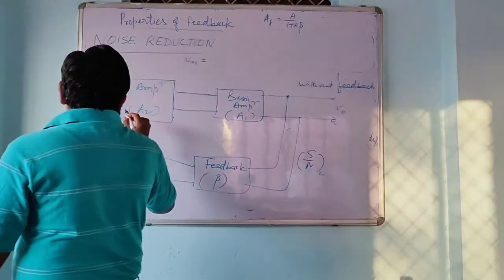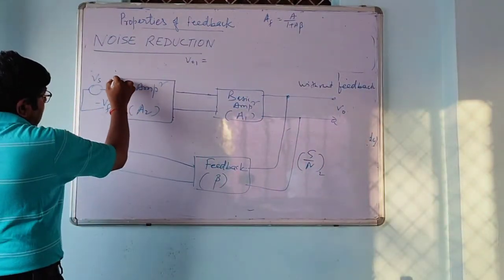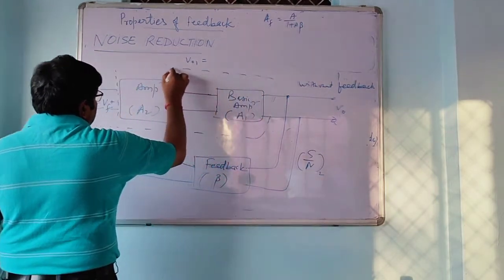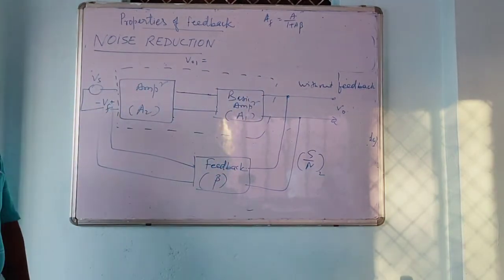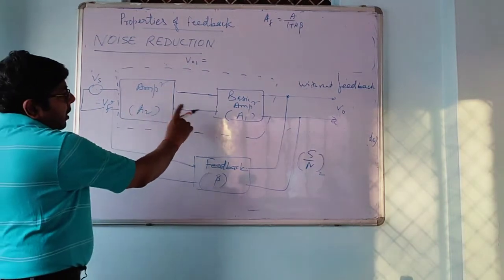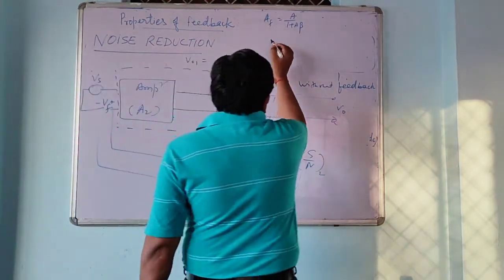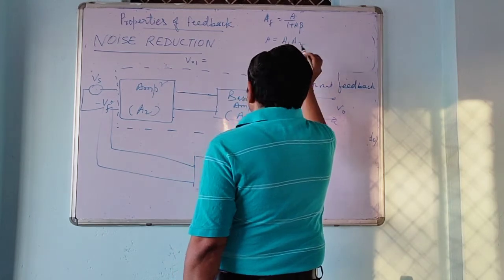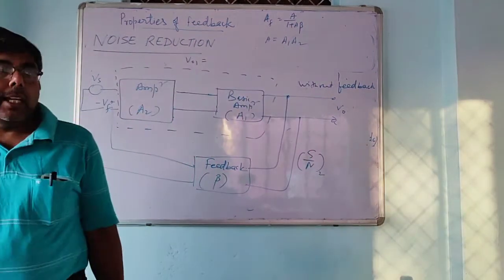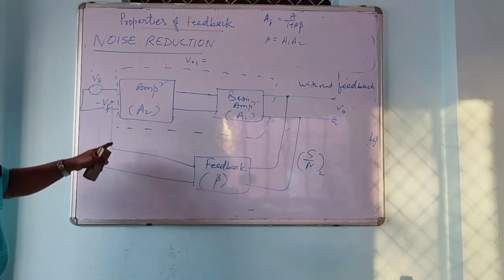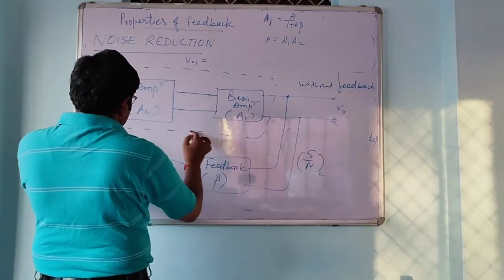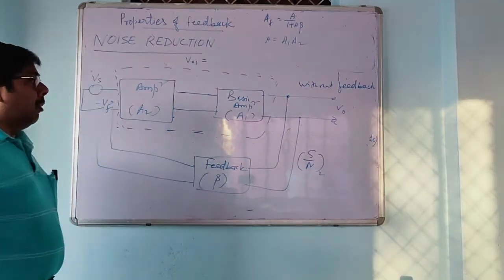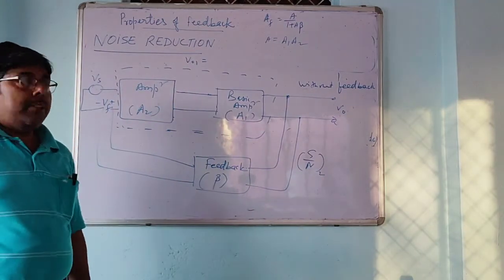Suppose we are using this type of configuration, then this is the basic amplifier, a combination of two amplifiers. So now gain of this is given by A1 into A2. A is given by A1 A2 because this whole block is considered as the basic amplifier, which is a combination of two amplifiers in cascade.